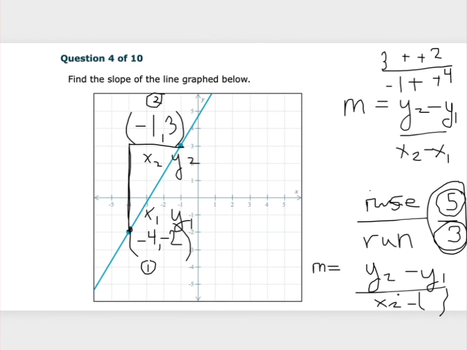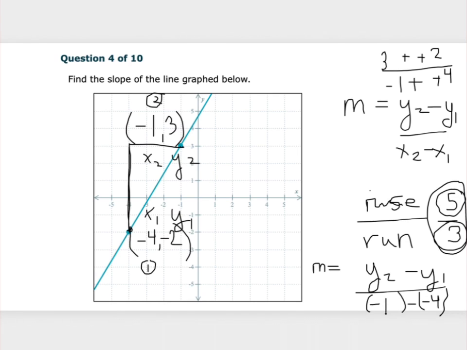The x1 is -4. And then we'll take the x2 out. The x2 is a -1. So we'll take the x2 out, and we will put in its slot a -1.